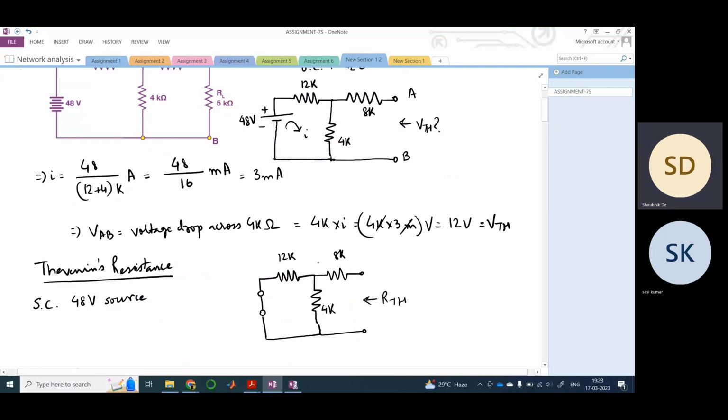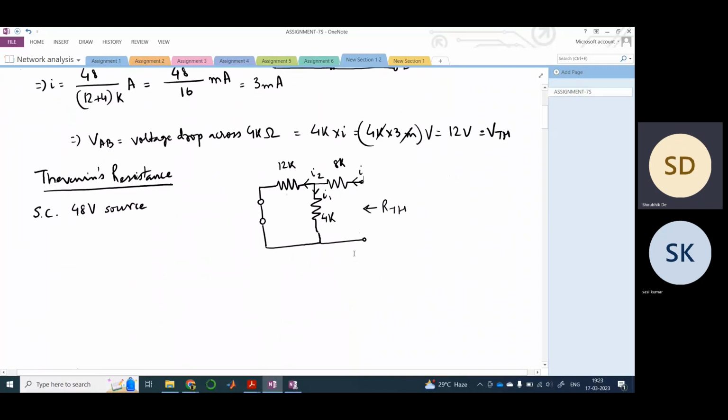So what would be RTH if current flows through this 8K resistance? You will see that it gets divided into two parts, so this would be I1, this would be I2. Therefore, 12K and 4K are in parallel, and the combination is in series with the 8K resistor. So RTH would be 8K plus the parallel combination.